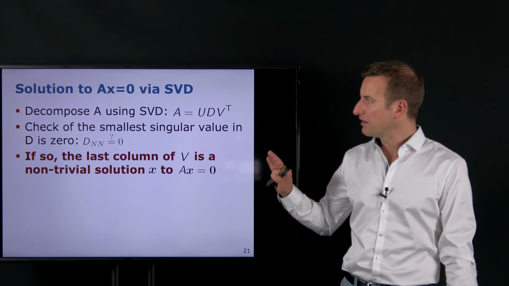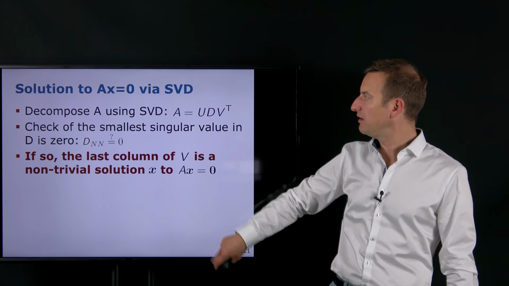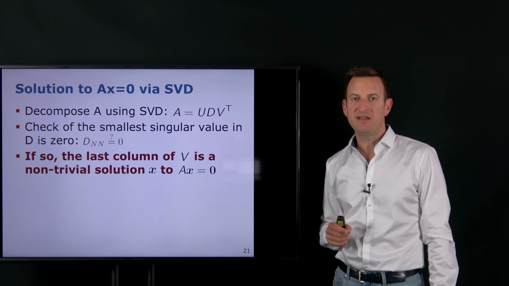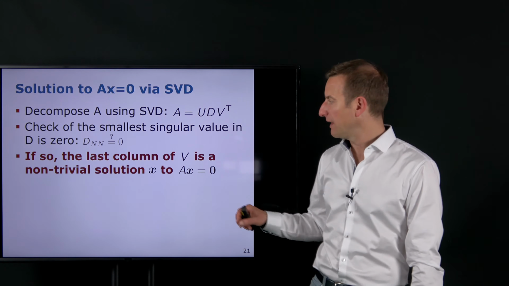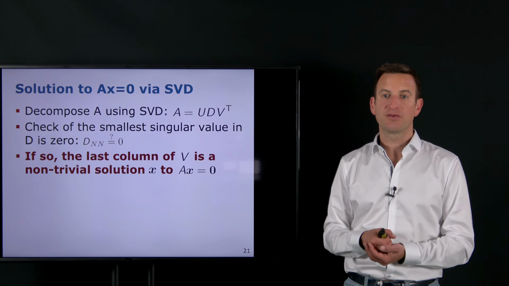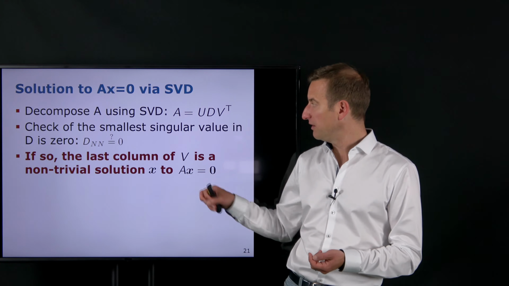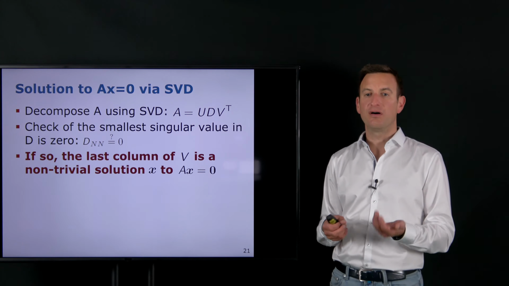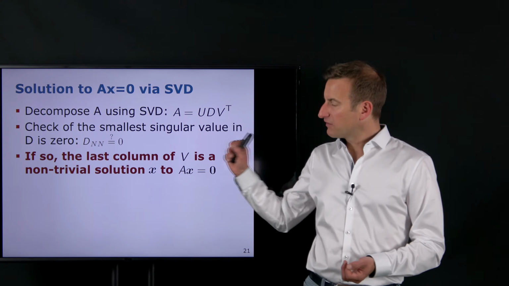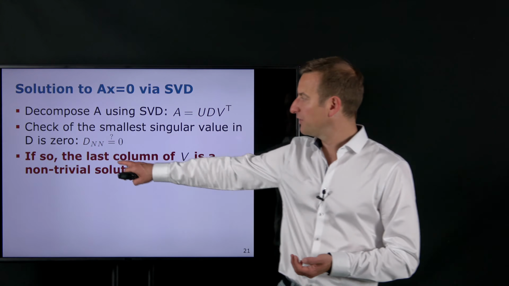So the key thing, if I want to solve AX equals 0, I'm computing the SVD, I'm checking the position D_NN, and if D_NN is 0, I found a solution, and then the last column of V gives me a non-trivial solution for AX equals 0. Non-trivial means the vector is not of length 0.